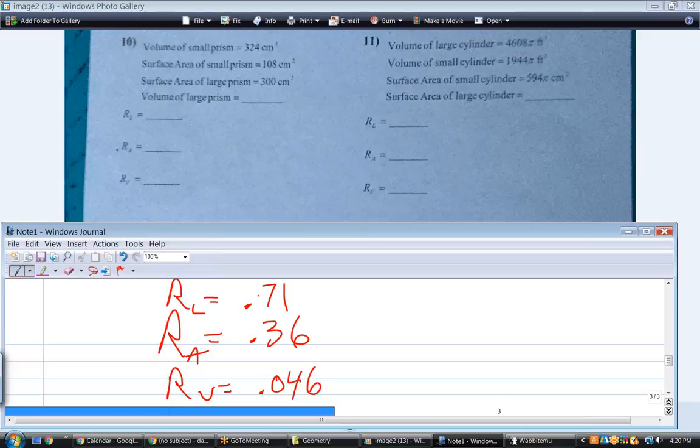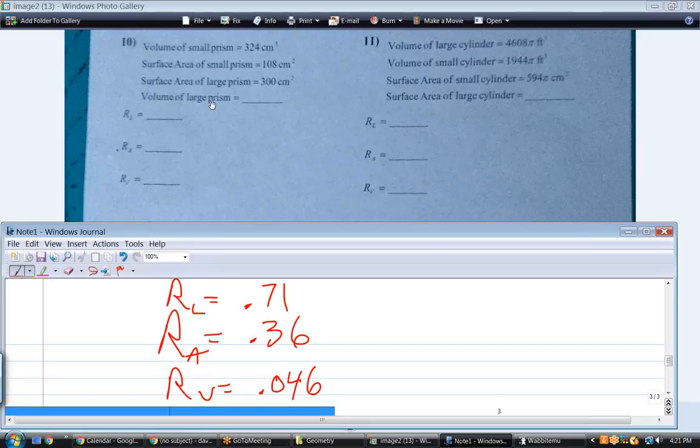You took that number and cubed it? Yeah. Okay. So now they've given us one volume, the small one. How do we get the volume of the large one? Multiply 324 by 0.046. That's going to give us a smaller volume if we do that.